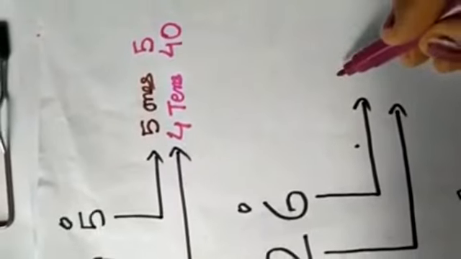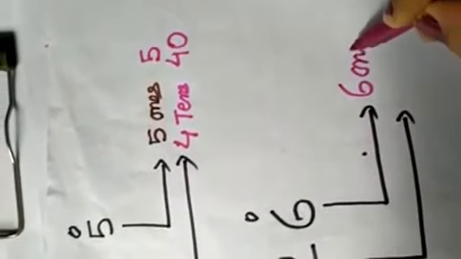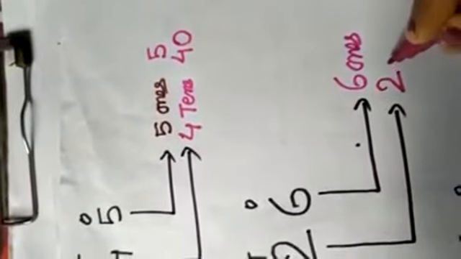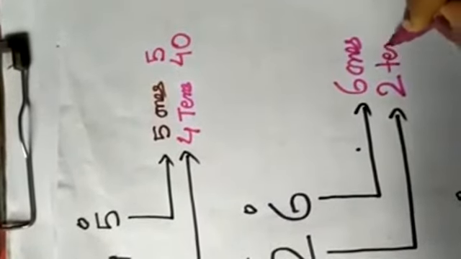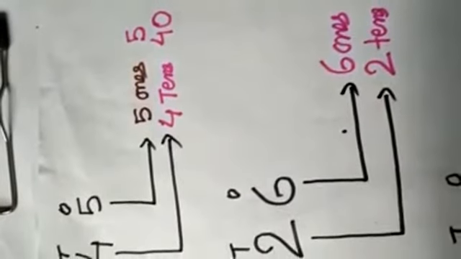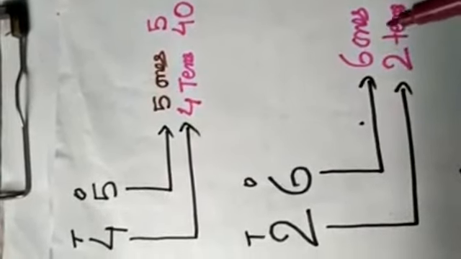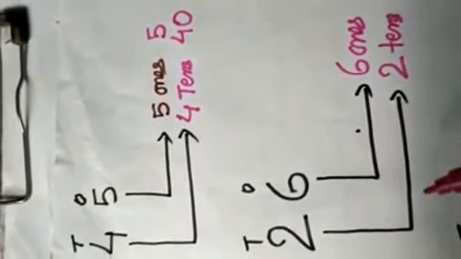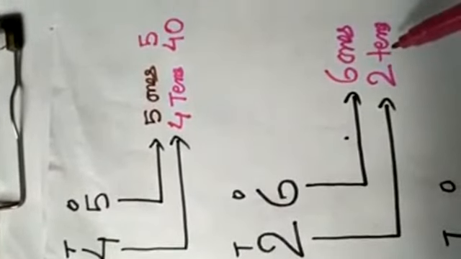Again 62. How will we write 6 as a place value? 6 is at ones place and 2 is at tens place.